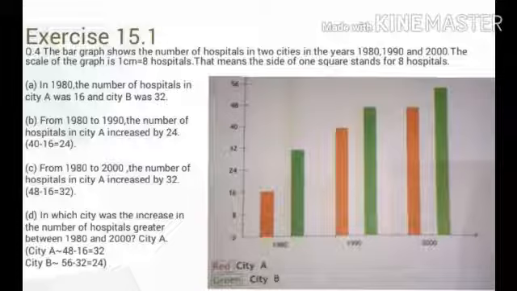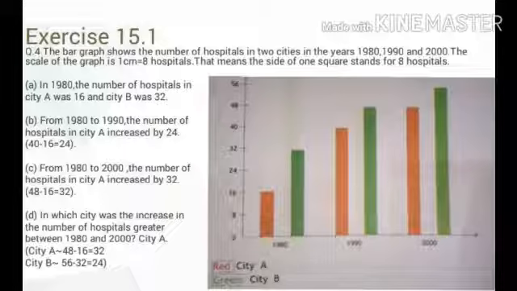Next, B. From 1980 to 1990, the number of hospitals in city A increased by how much? By dash. Let us see from 1980 to 1990. So in 1980 there was 16 hospitals, and in 1990 it increased to 40.